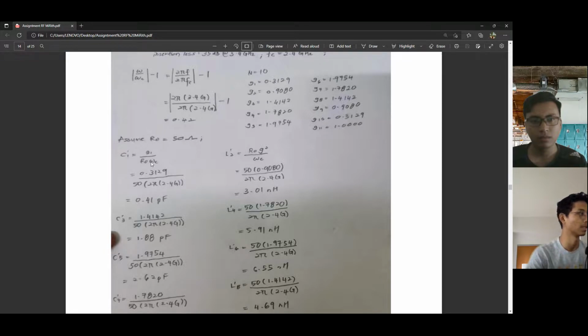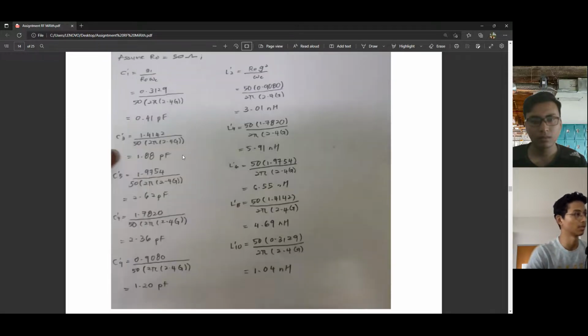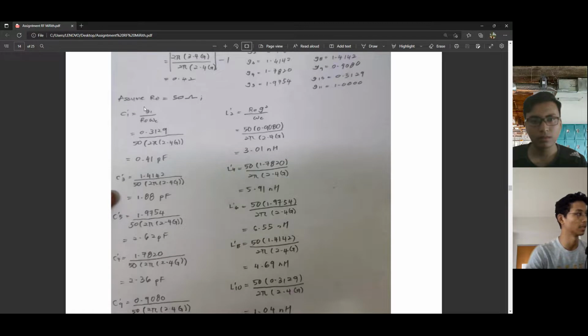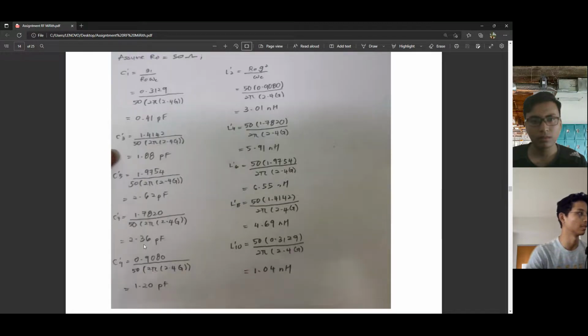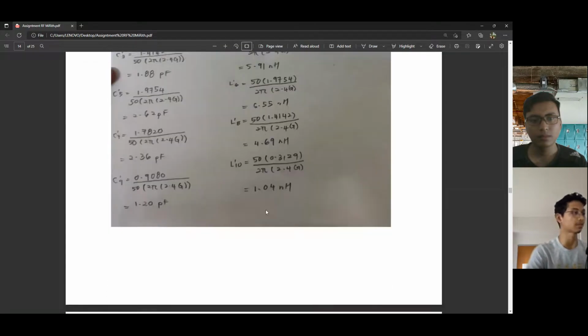And for R0, we assume R0 as 50 ohm. After we key in all the values for the capacitor, this is the value that we get. While for the inductor, we use the formula R0 Gk over omega C. So this is the result, this is the value that we get.